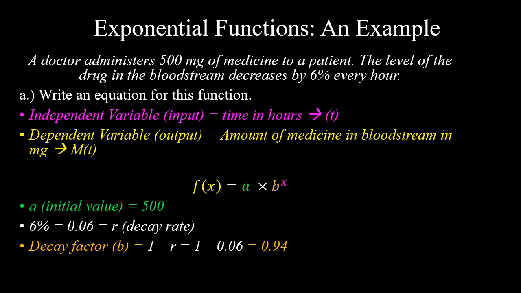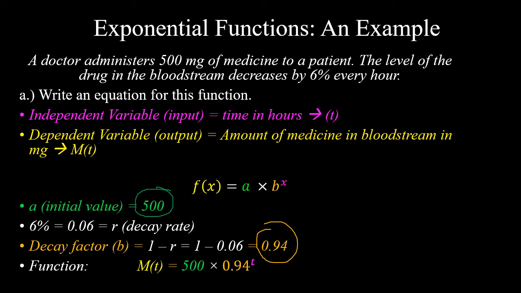So now we have our initial value, we have our A, and of course we have our decay factor B. So now it's going to be really easy to write this function. That leaves us with the function M of T. Remember, we labeled our output M of T equals 500, our initial value, times, and what was our B, our decay factor? 0.94. So we just plug that in.